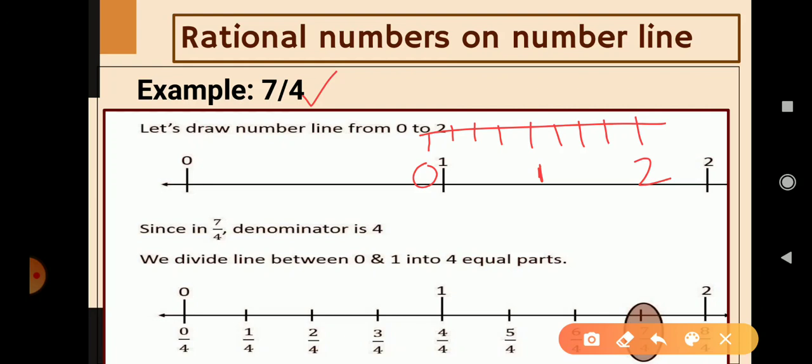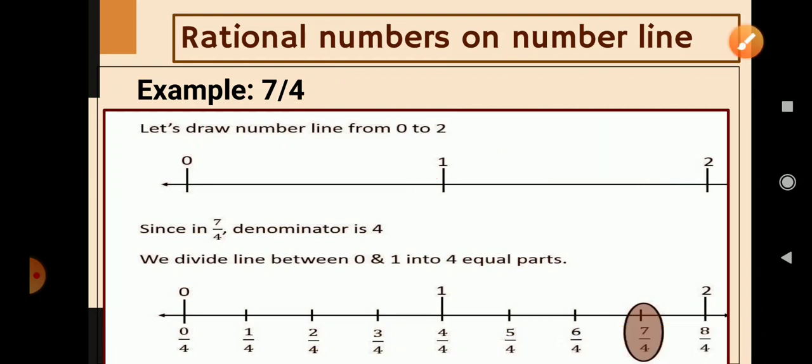After that, we have to find 7 by 4. At that time you have to count from 0. Observe: 1 by 1 part, 2, 3, 4, we take it as 1. Next 1, 2, 3, 4, again, that is 2.